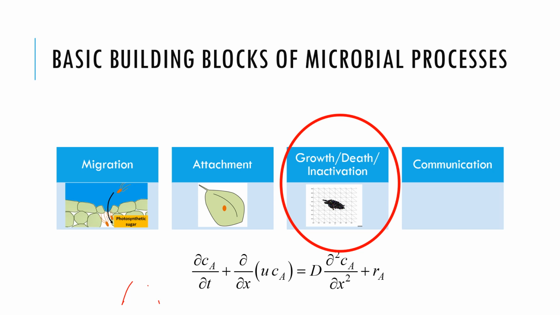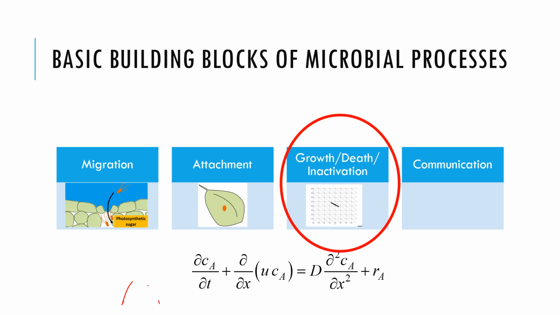Now, in the area of quantitative food safety or quantitative microbiology, this growth inactivation area is the most developed. So all I want to do is show how what is already developed can be nicely included in the mechanistic framework that we are discussing.